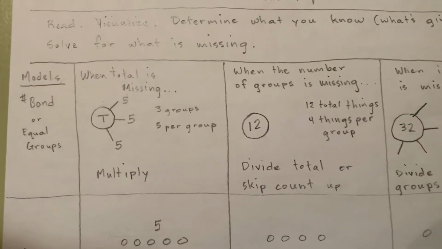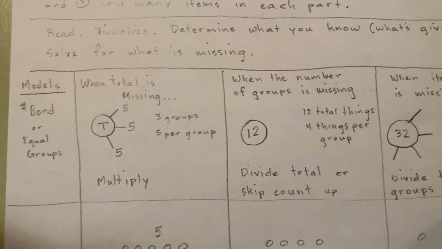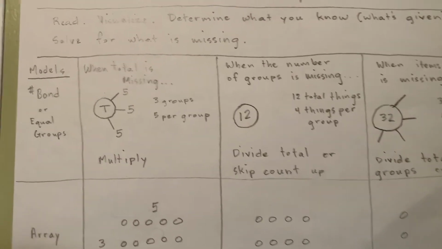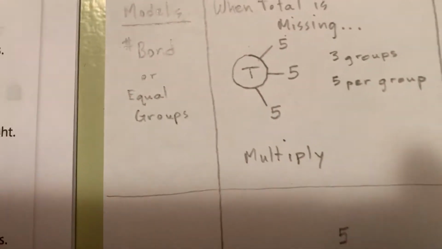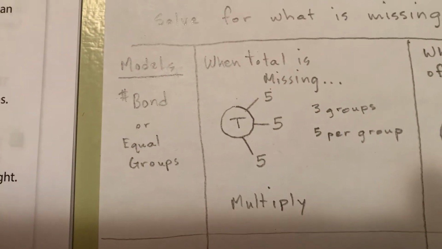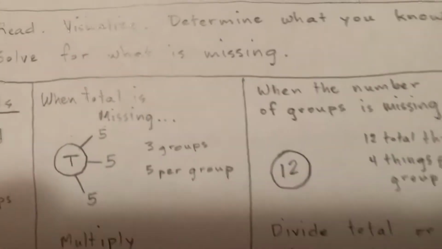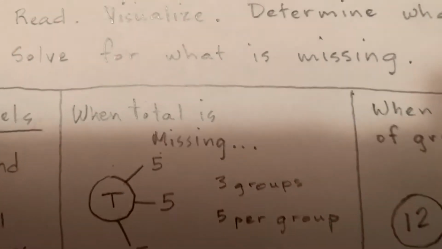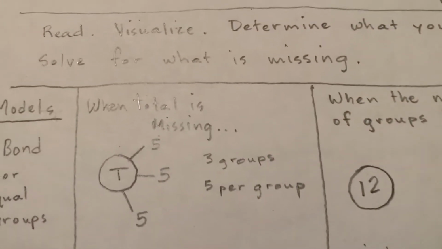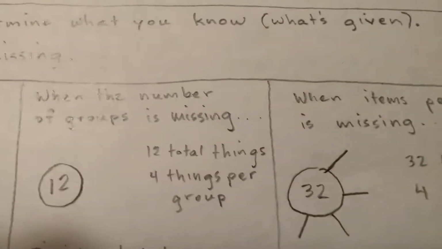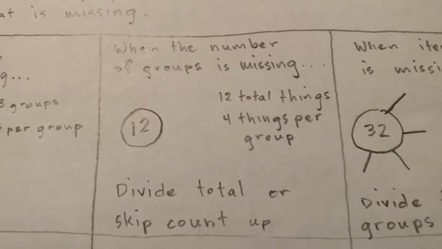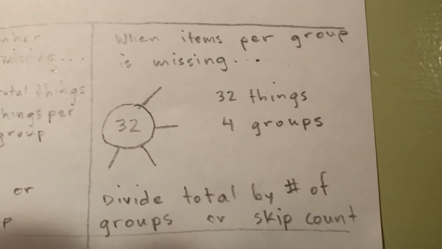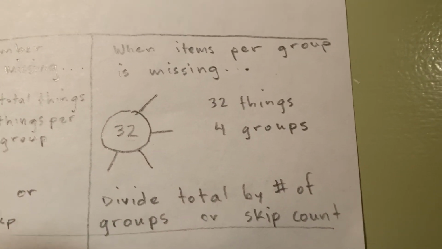So I've broken this down into this little help graphic into 2 sections of models. We've got number bonds, or an equal group model, and arrays. Across the top here, you can see there are 3 basic scenarios: when the total is missing, when the number of groups is missing, and when the items per group are missing.